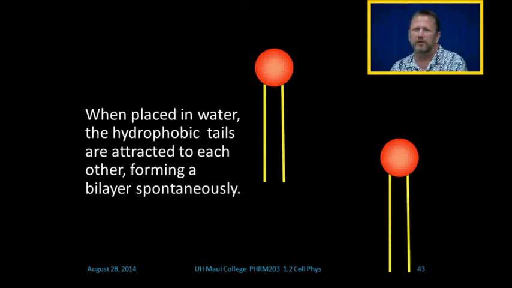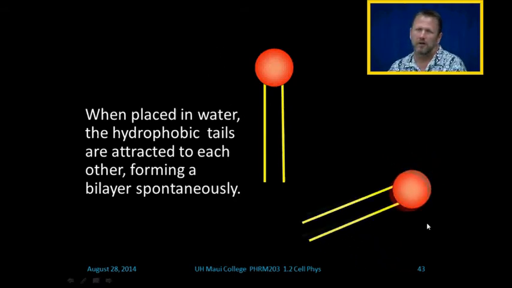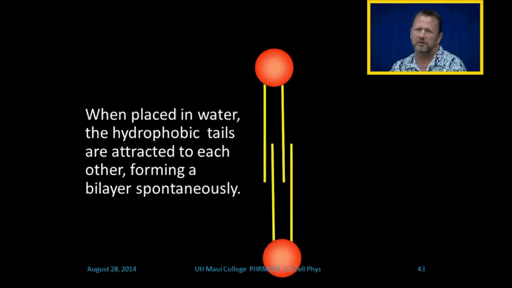The neato coolio thing about putting phospholipids into water is that they spontaneously do something. The hydrophobic tails are attracted to each other. And so when they're in the water, the hydrophobic tails will protect each other from the water, and the phosphate groups will point out into the water.